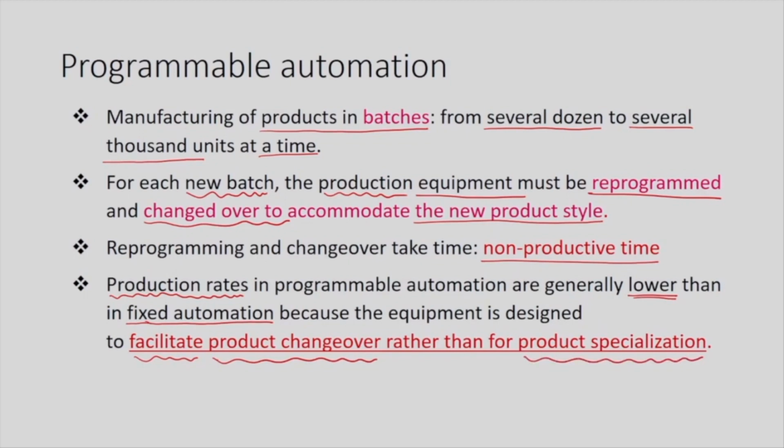So, this programmable automated equipment is taking care of changing the product design rather than product specialization. So, the equipment is general purpose, not specialized. It can be used for a variety of products, provided we spend some time to reprogram the system.